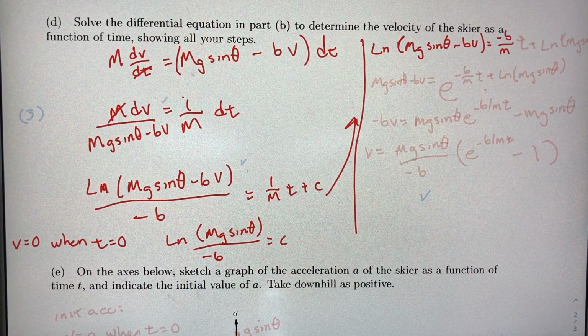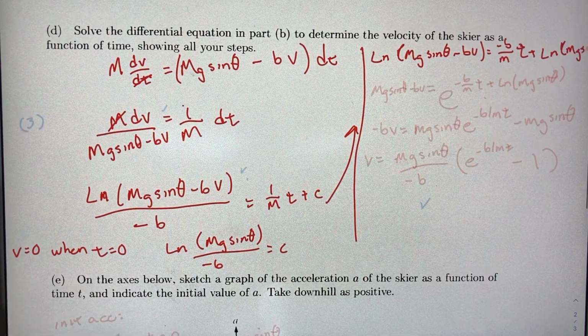Move everything over because we can. Okay, I'm multiplying by negative b, and now I'm unlning.